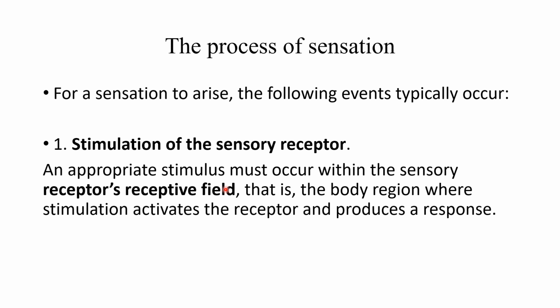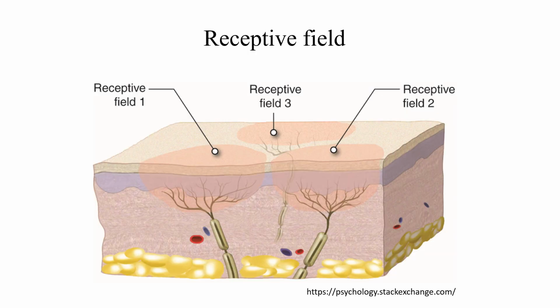The receptive field is the region in the body that, when stimulated, will activate this type of receptor and produce a response. Here's an example. This is sensory receptor 1, this is 2, and this is 3. If the stimulus came in this area and stimulated this sensory receptor, then this information will be transmitted to the CNS through the sensory neuron number 1.